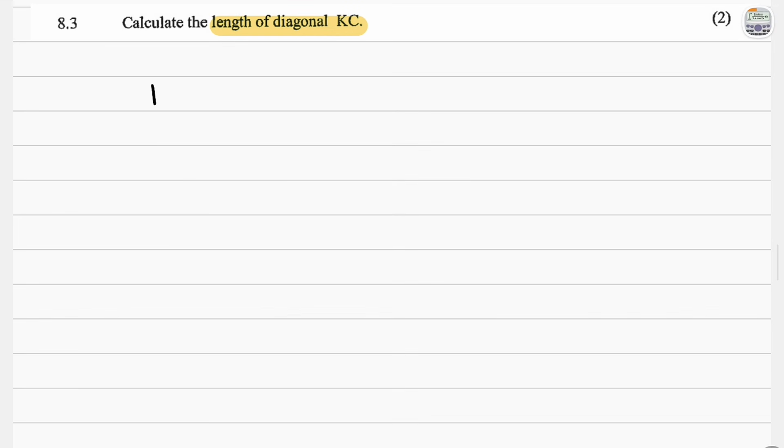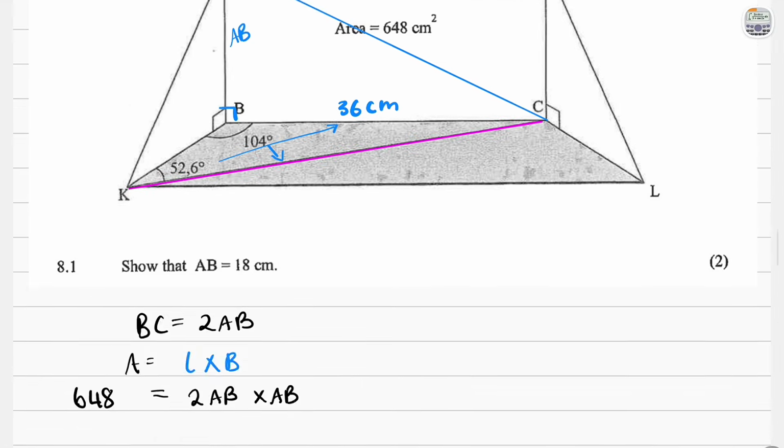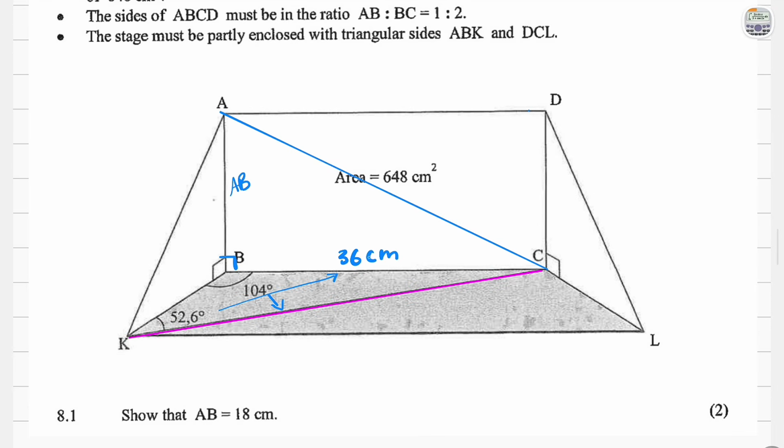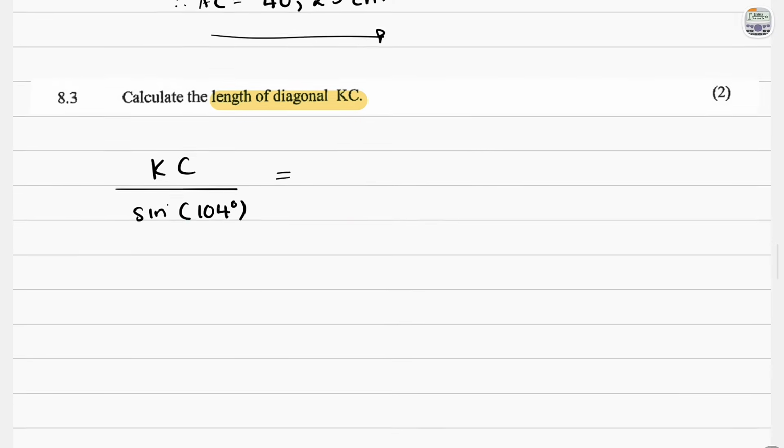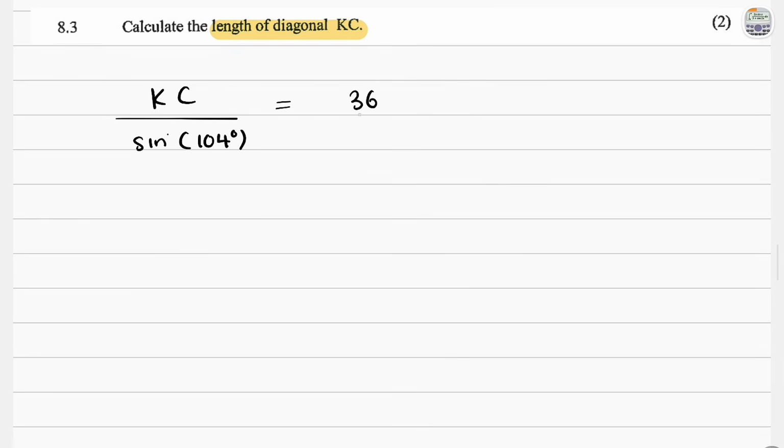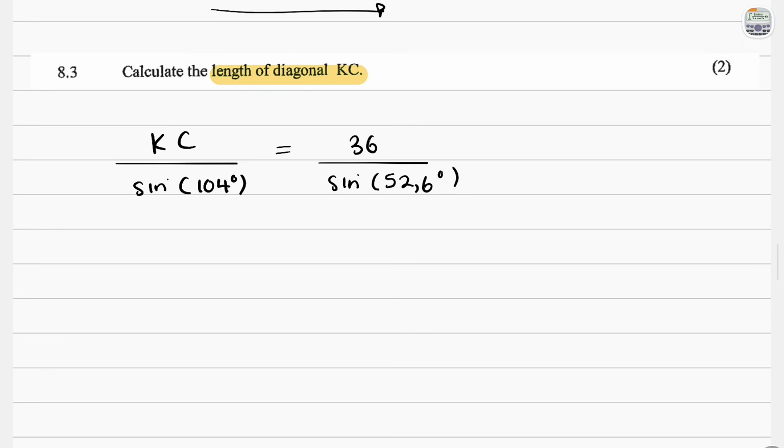KC over sine of 104 degrees is equal to BC, which is 36 centimeters, over sine of 52.6 degrees. Now all we have to do is solve for KC.